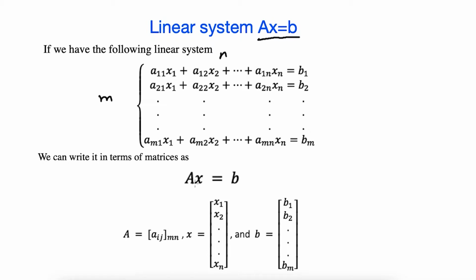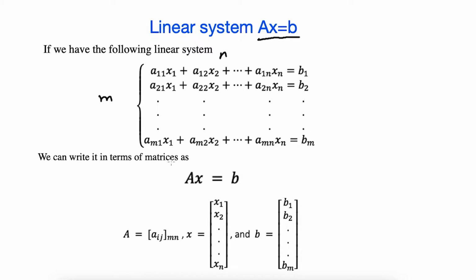where this A will be a matrix with m rows and n columns. So m is the number of equations and n is the number of unknowns. This matrix will be a matrix of these constant A's, so A1,1, A1,2.